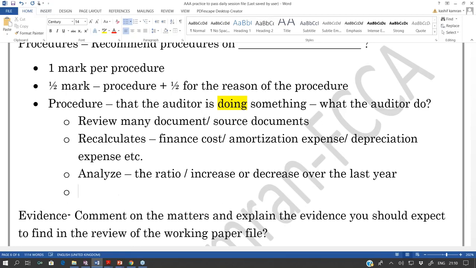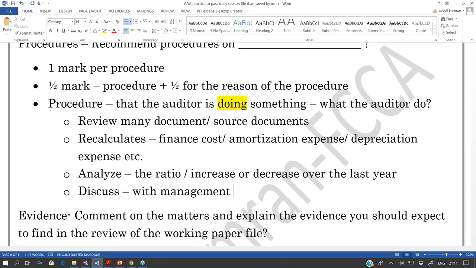The auditor even discusses with management. So many things the auditor discusses with management. Any problems, any issues, anything where you believe the management is doing a wrong accounting treatment, you will discuss with the management. There are so many important things the auditor does when he's on the audit, right?